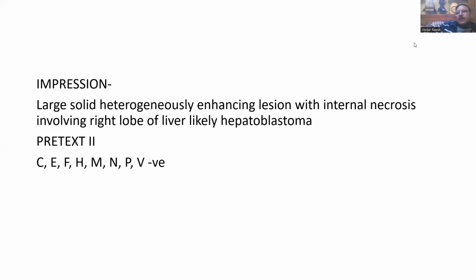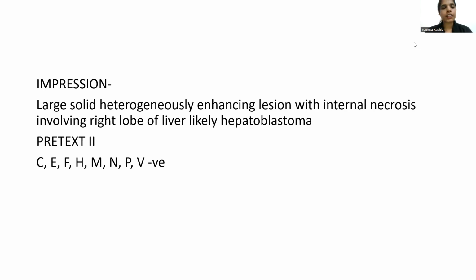So I think after history, examination and radiological findings, your diagnosis is towards hepatoblastoma. Agreed? Yes, sir. So we cannot think of any other differential diagnosis. Now, how will we proceed to manage this case? Yes, sir. So there are different schools of thought.